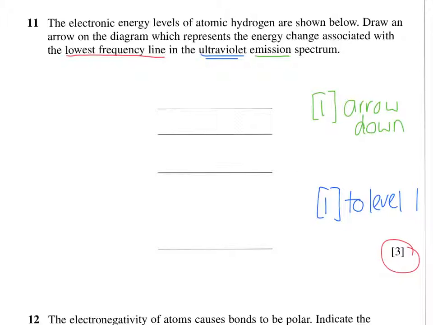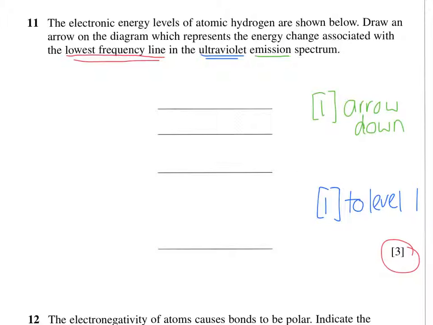Okay, and the last bit of information we have is that it's the lowest frequency line. So it is going to be the energy change that has the lowest possible energy, the lowest possible frequency, because we know that frequency is proportional to energy level. So it's not going to be from n equals 4 down to n equals 1. It's not going to be n equals 3 down to n equals 1.